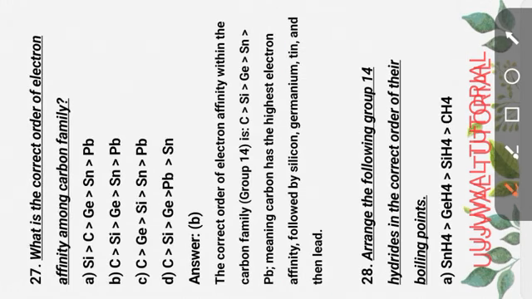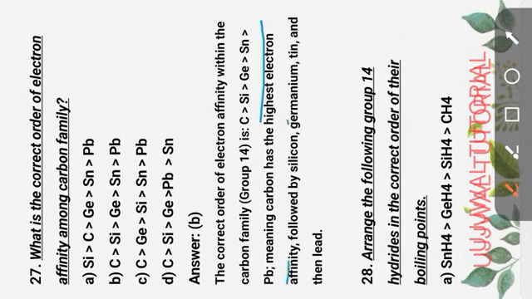Next question, question number 27. What is the correct order of electron affinity among the carbon family? Option B is the correct answer. The correct order of electron affinity within the carbon family, group 14: carbon greater than silicon, greater than germanium, greater than tin, greater than lead, Pb.